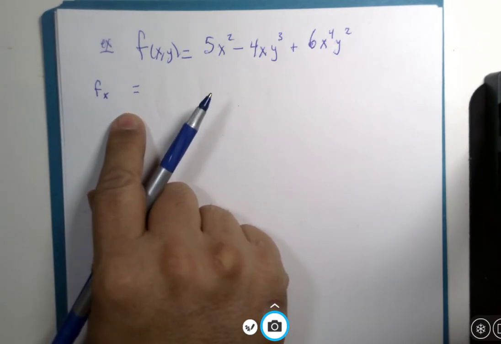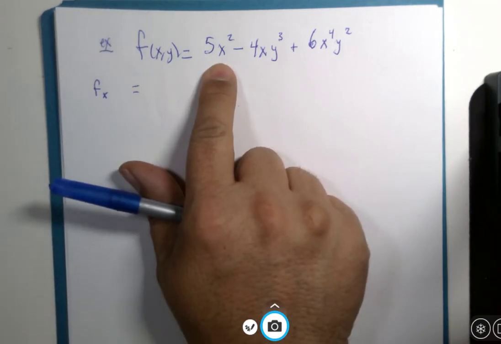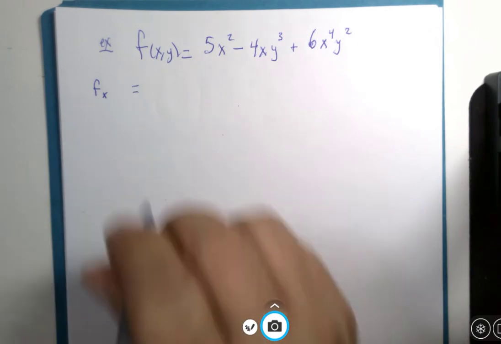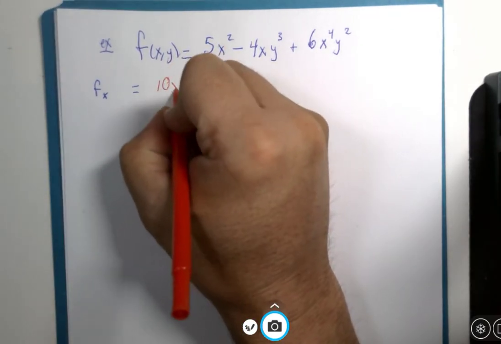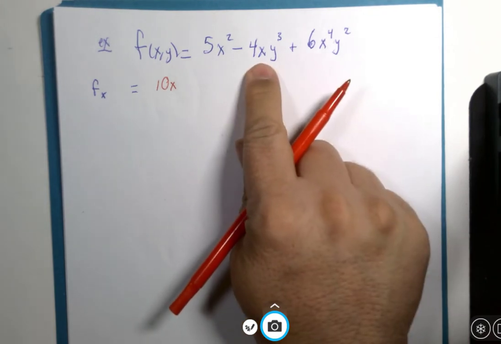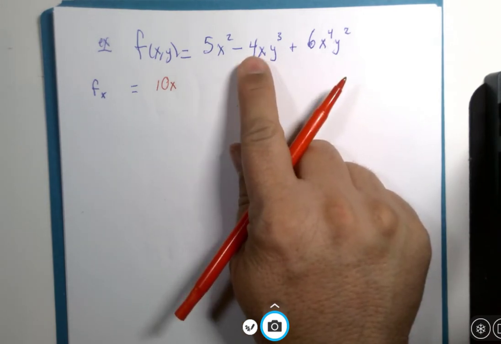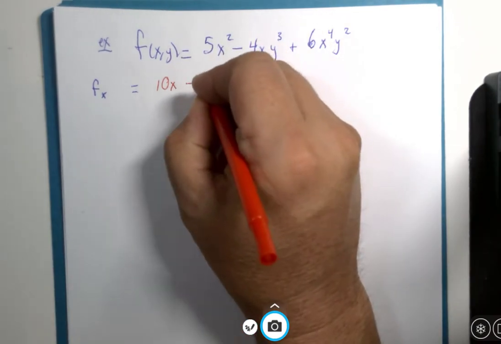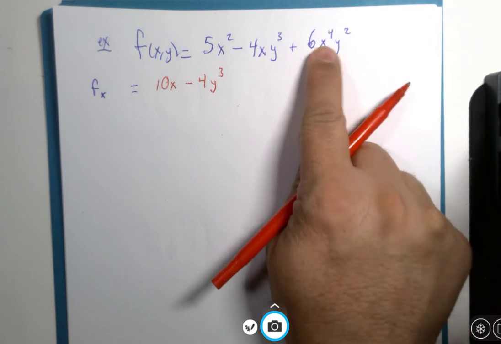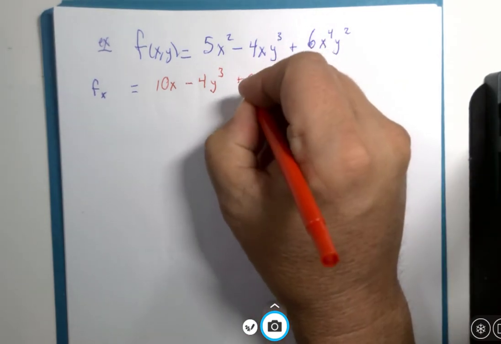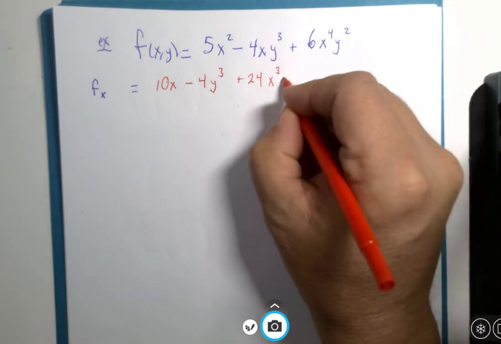So let's do the first derivative calculation. If x is the variable, then we have here, let's put it in the red pen, 10x. If x is the variable, derivative of x is 1, so we get minus 4y cubed. And if x is the variable, 4 times 6 is 24, x cubed y to the second.